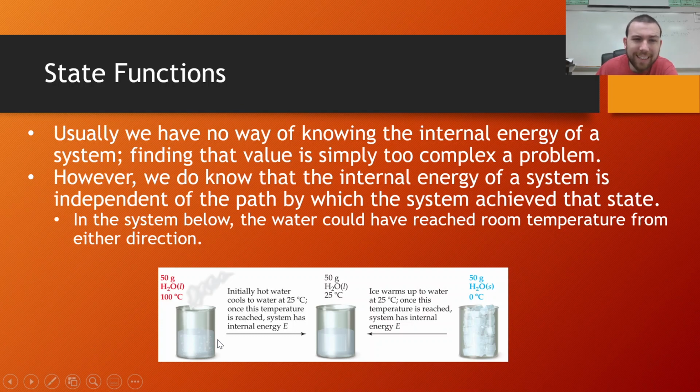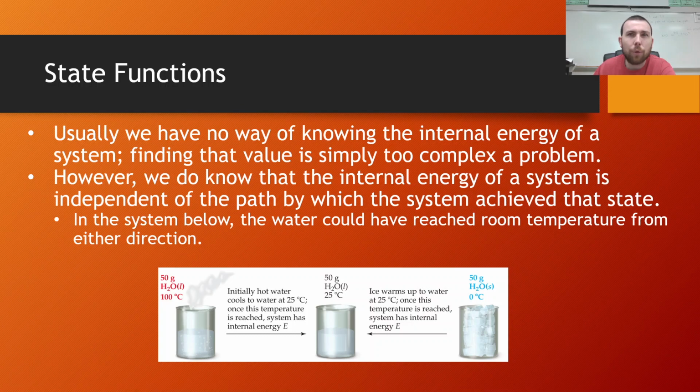So energy would leave this system and go into the surroundings so that it eventually gets to an internal energy that's equivalent to 50 grams of water at 25 degrees Celsius. Likewise, we could also achieve that same state by going from 50 grams of ice at 0 degrees Celsius. It warms up and moves to a state where energy is added into it so that its internal energy matches that of the water at 25 degrees Celsius.